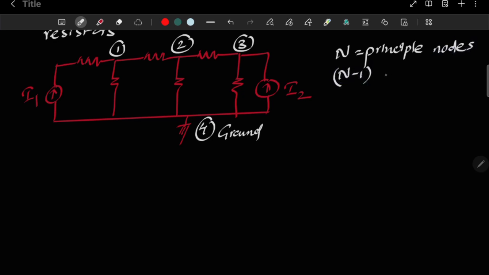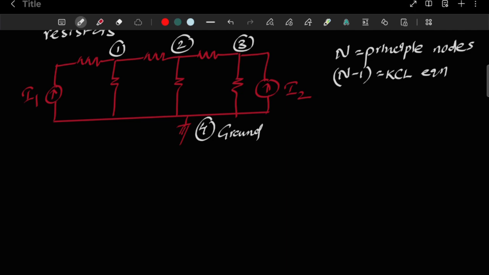N minus 1 KCL equations we have to apply. So you can remove this fourth node in the application of KCL. So you can apply KCL equations at node 1, node 2 and node 3.